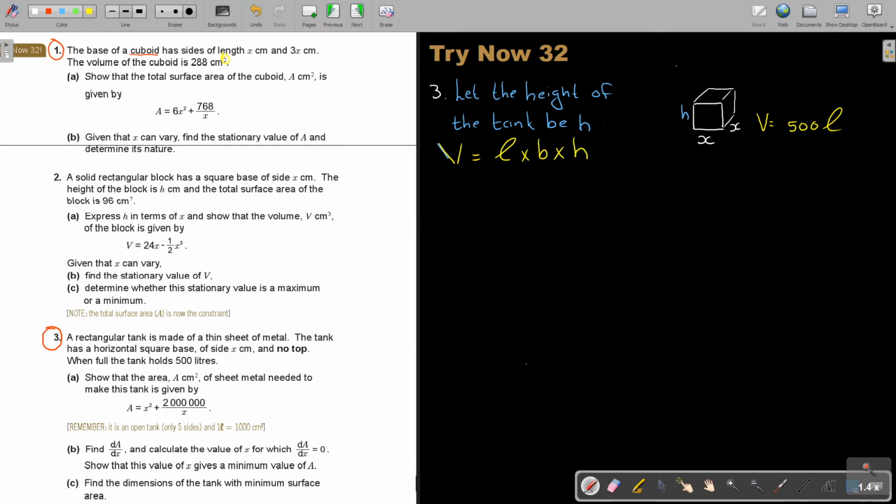It's going to give you the same. So it's just x, the base, it's just a square at the bottom. But then I multiply with the h. And now I'm going to fill in the volume. But 500 liters will then be, multiply 1,000, 500,000 cubic centimeters.